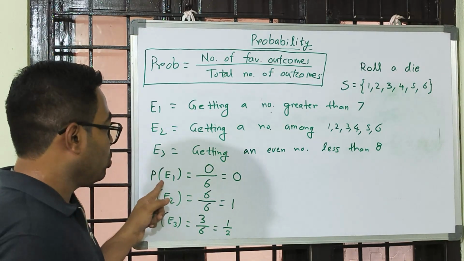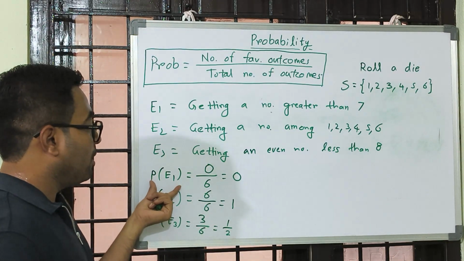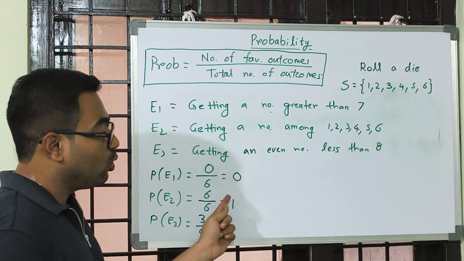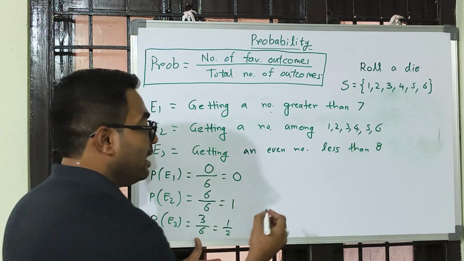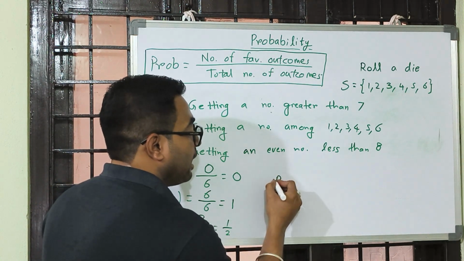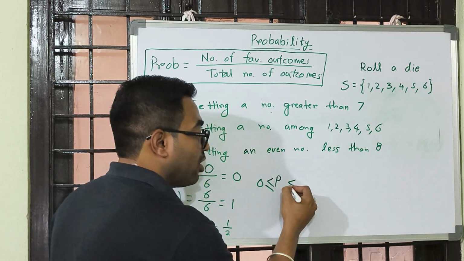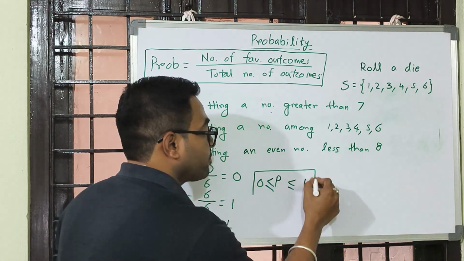So now you can see here probability can lie only within 0 and 1. It cannot be less than 0 and cannot be greater than 1.